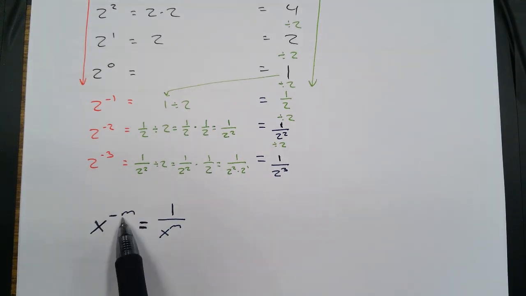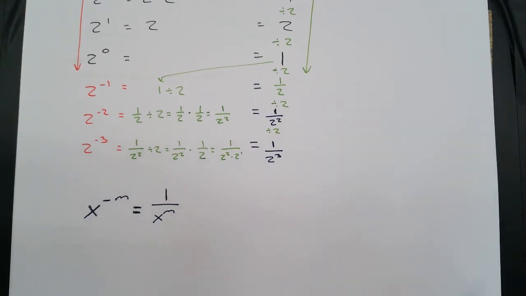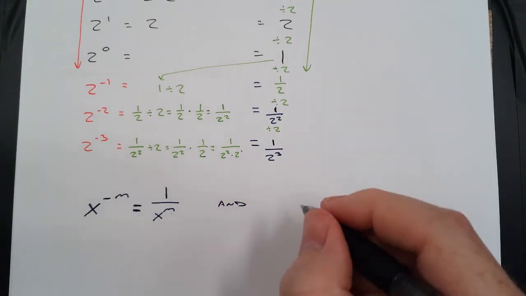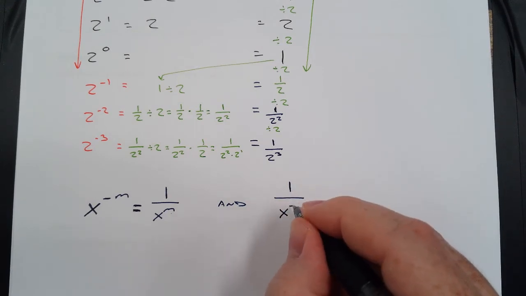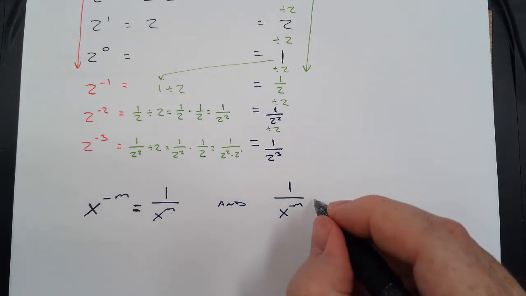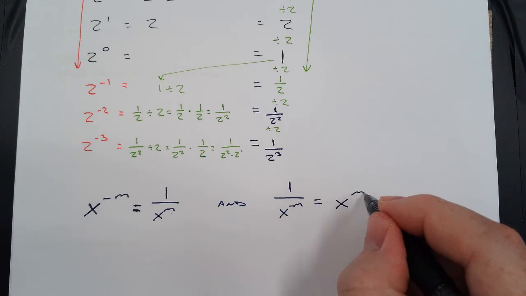A negative exponent means it has to be positive in the denominator. Now the opposite also works. Because what happens if you have a negative exponent that is already in the denominator? It has to be positive in the numerator.